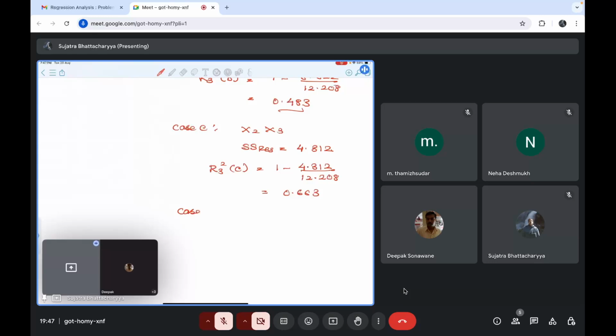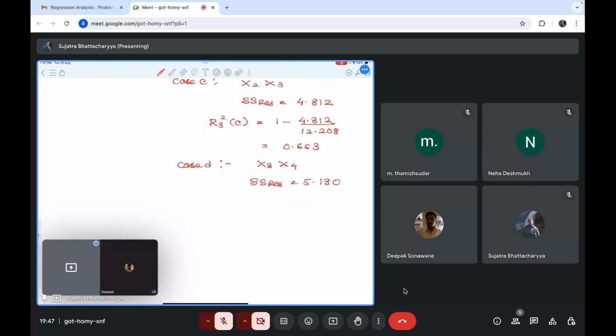And the last case D is X3, X4, which has a residual 5.130. So your R3 square for D is 1 minus 5.13 divided by 12.20. Okay, 0.599.